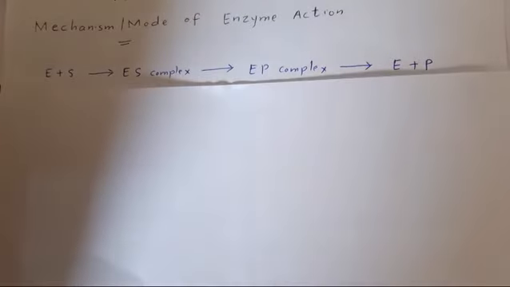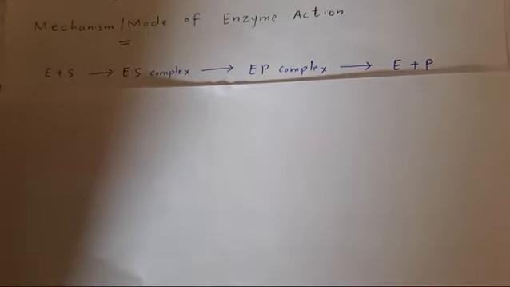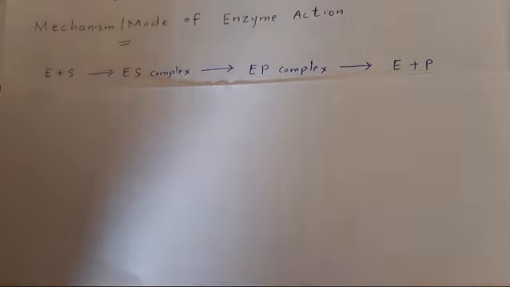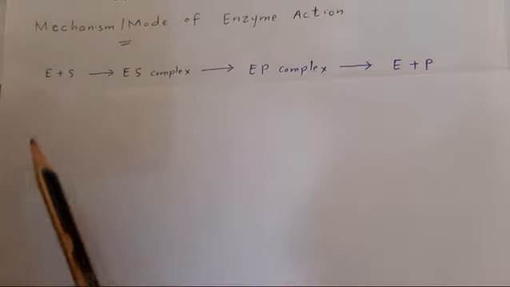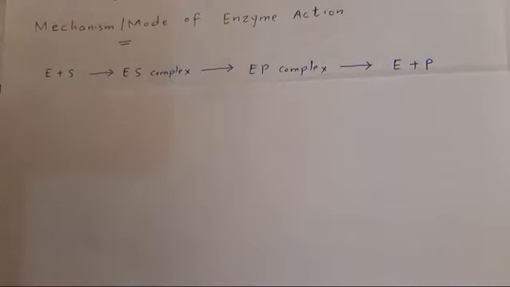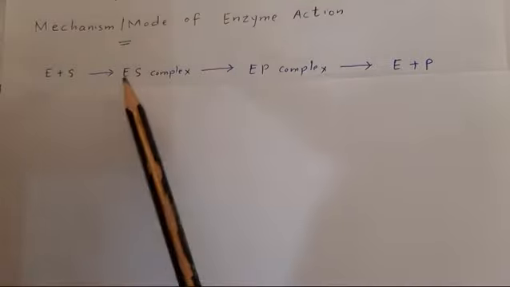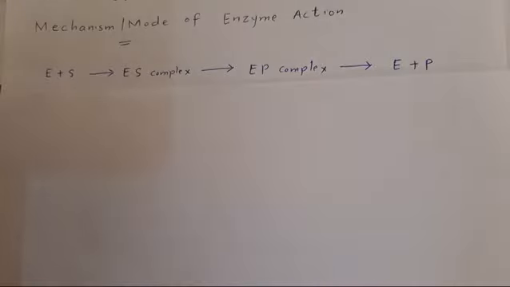Our topic is mechanism or mode of enzyme action. Before moving into the mechanism or mode of enzyme action, I will explain the reaction mechanism. As you earlier studied in previous class, in an enzyme catalyzed reaction, the substrate first binds to the active site of the enzyme to form an enzyme substrate complex.